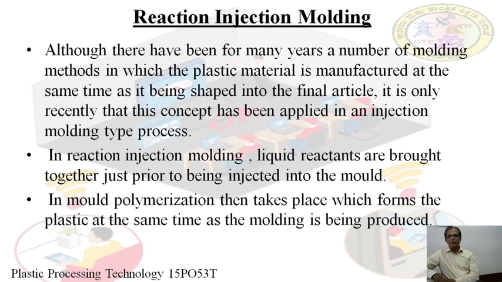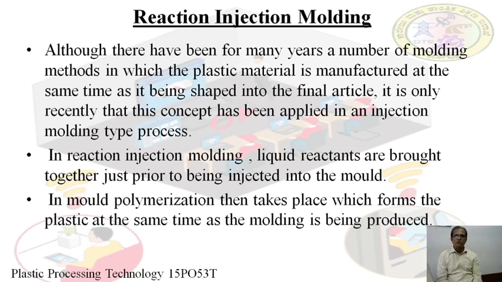There have been for many years a number of molding methods in which the plastic material is manufactured at the same time as it is being shaped into the final article. It is only recently that this concept has been applied in an injection molding type of process.